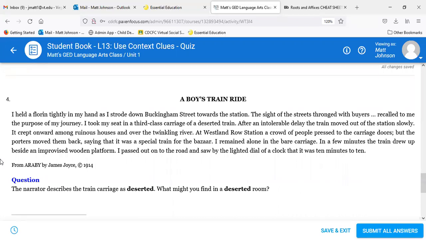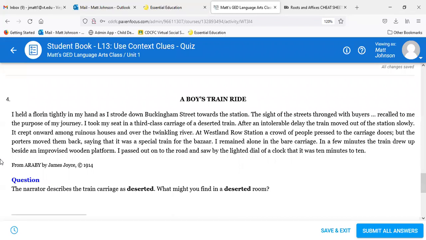At Westland Row Station, a crowd of people pressed to the carriage doors, but the porters moved them back, saying that it was a special train for the bazaar. I remained alone in the bare carriage. In a few minutes, the train drew up beside an improvised wooden platform. I passed out onto the road and saw by the lighted dial of a clock that it was 10 minutes to 10. Okay, so the narrator describes the train carriage as deserted.